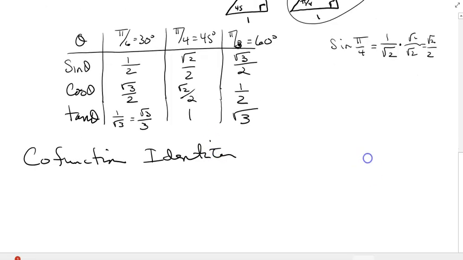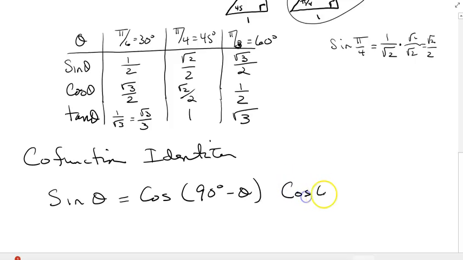And the way cofunction identities work is, just like we said, sine of one angle is equal to the cosine of the complement of that angle. And that goes both ways.